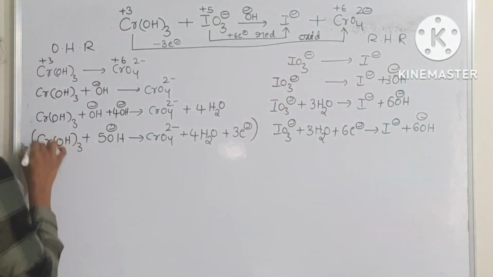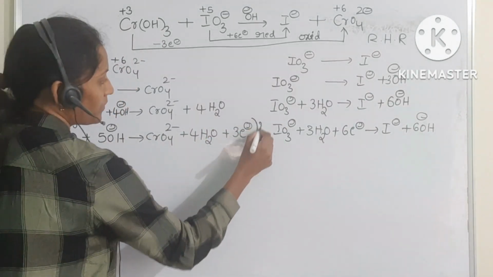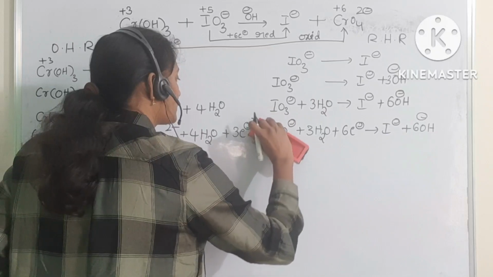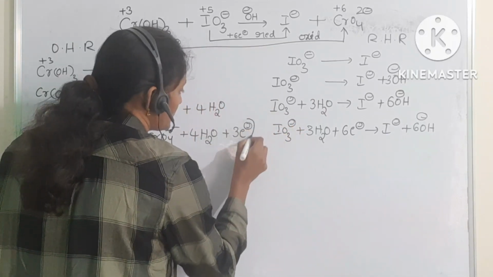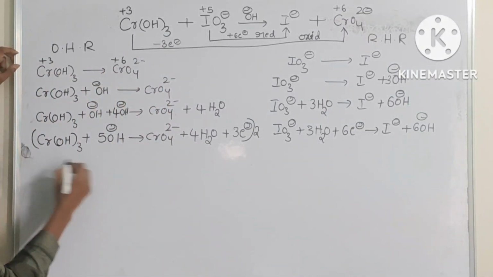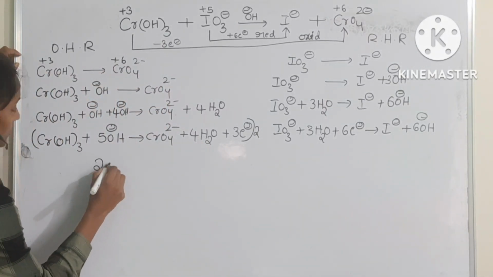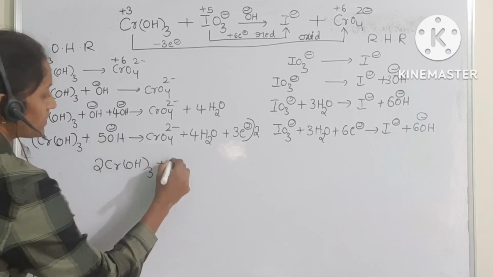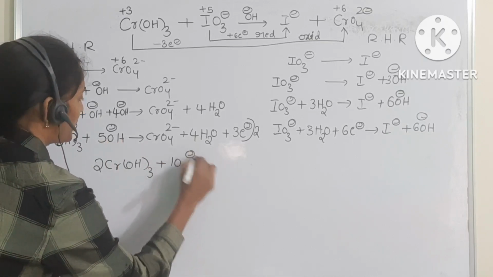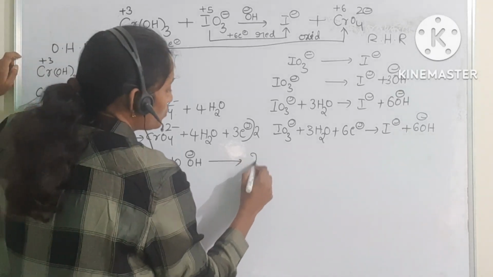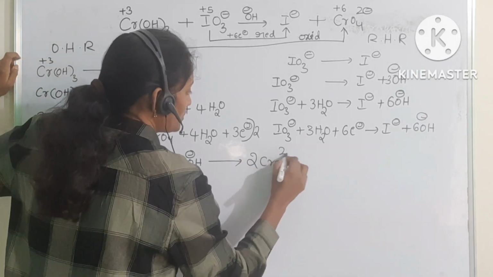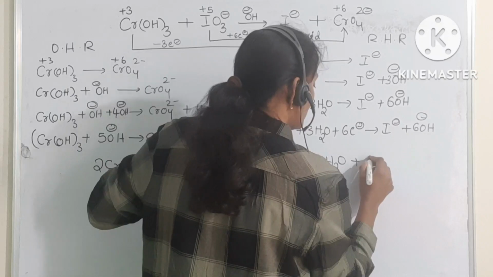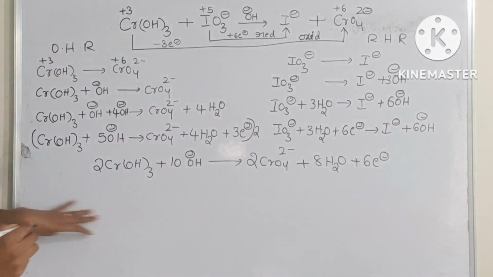So I am going to multiply the complete oxidation half reaction by 2: 2 CrOH taken thrice plus 2 fives are 10 hydroxide ions gives rise to 2 chromate ions plus 8 water molecules plus 6 electrons. This is the oxidation half reaction.